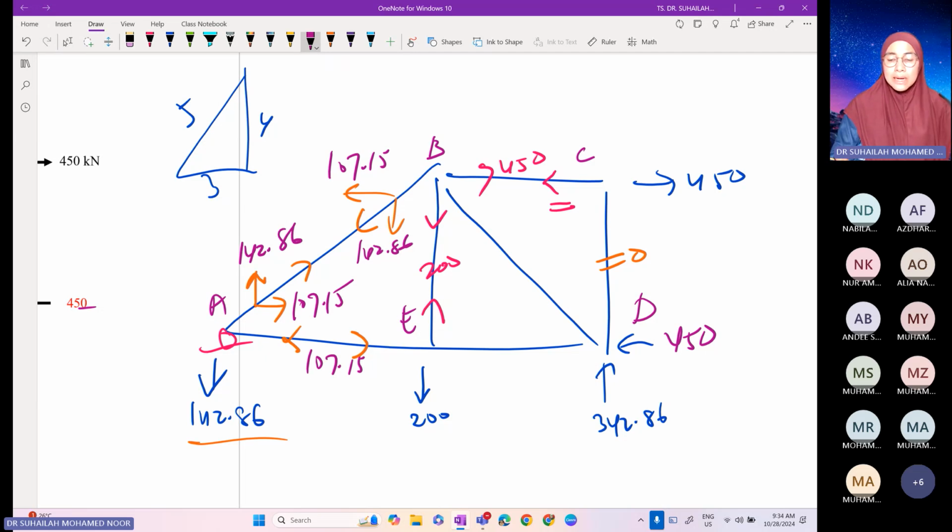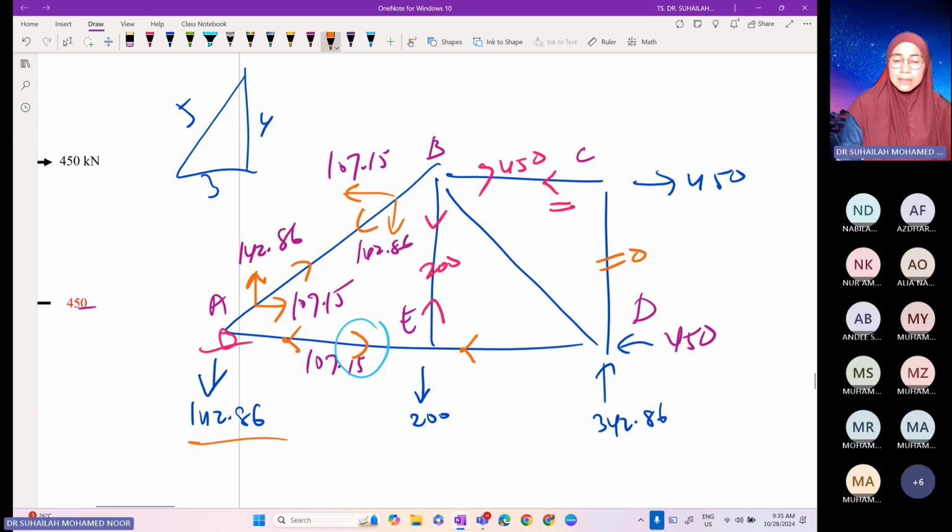Okay, so dah dapat dekat A, kita pergi dekat E. E tadi vertical dah balance. Horizontal kena balance juga. So nak balance horizontal dekat E, yang ni. So ke kanan mesti ada ke kiri. Ke kanan mesti ada ke kiri. So dekat ED tu, yang ni.